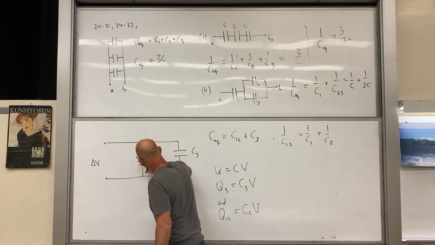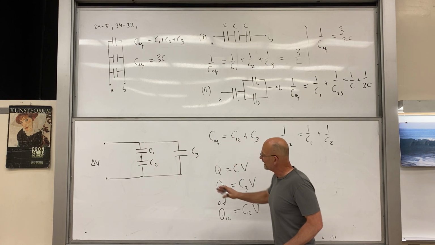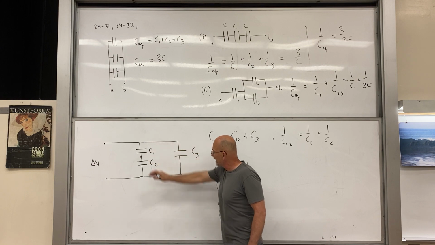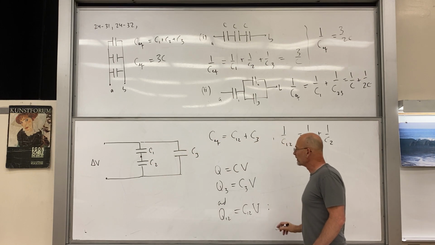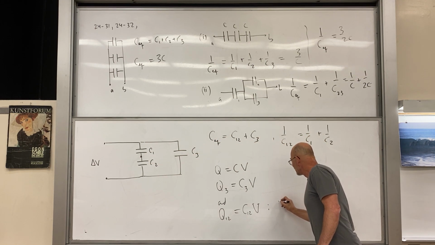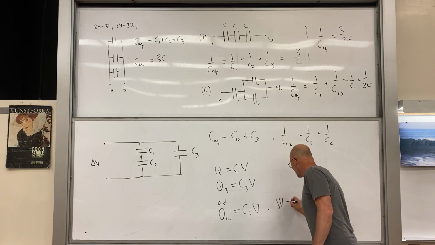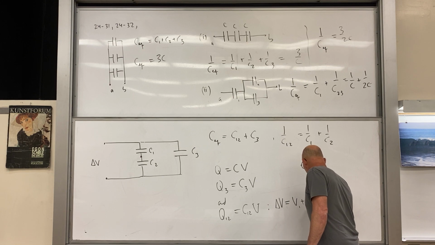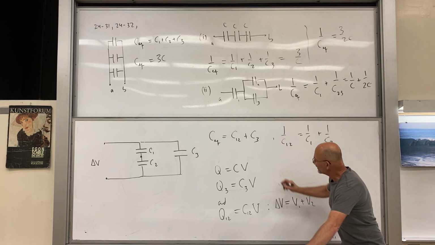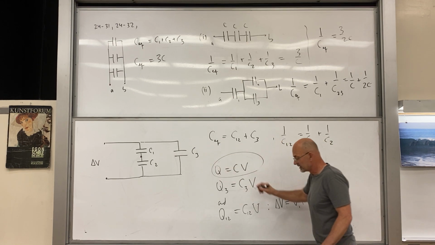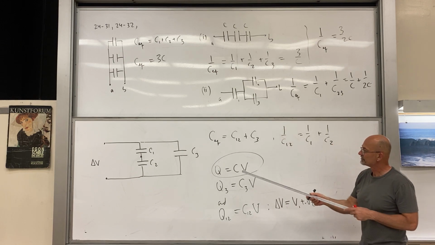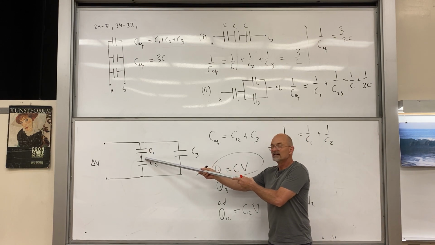So now we have those charges, but we want to get the voltage drops across these two individual capacitors. So then we would say, okay, V original delta V is equal to V1 plus V2, and then we use this equation again to get the individuals.